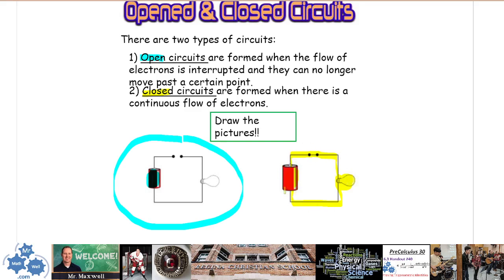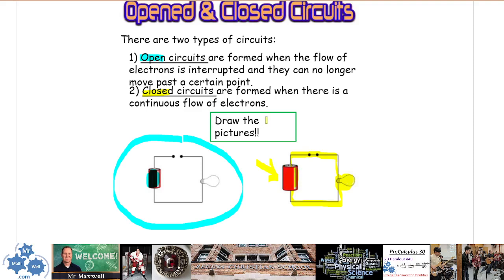The electrons are flowing and giving off some energy. They come back to the battery and get charged up again. There are chemical reactions happening in batteries, and we'll talk more about batteries, but that chemical reaction provides excess electrons to be moving, and it's these chemical reactions inside the battery that provide our energy.